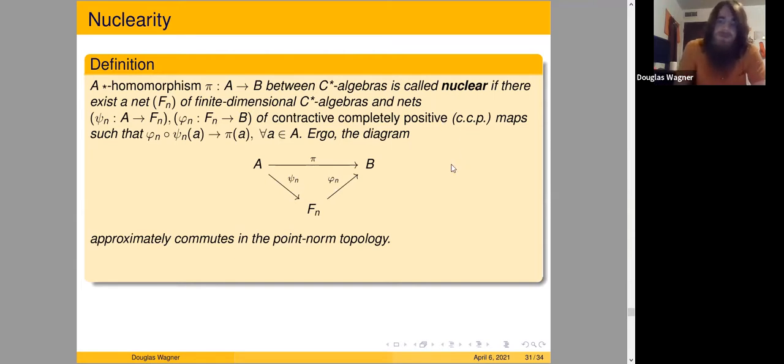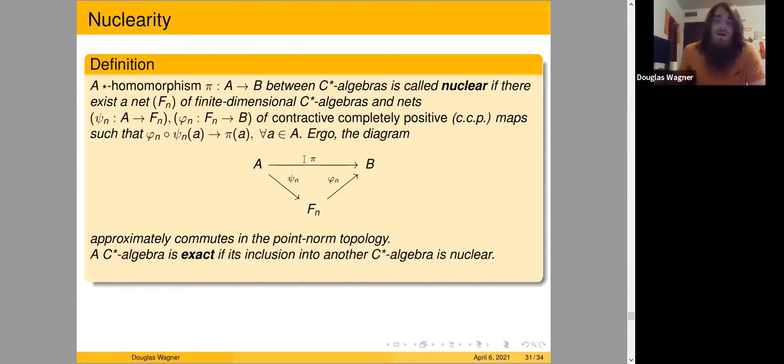So I'm finally going to get back to exactness, which is when pi is injective. Now this definition is actually reliant on the range B. So there's a strictly stronger definition of an amenable C-star algebra, which is when B is equal to A, and this is just the identity map.